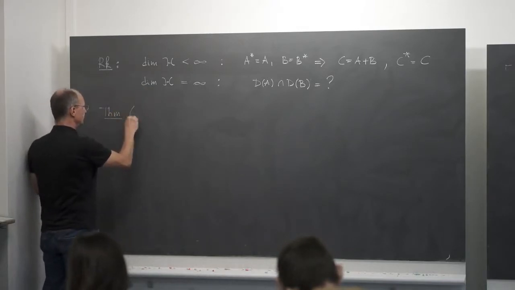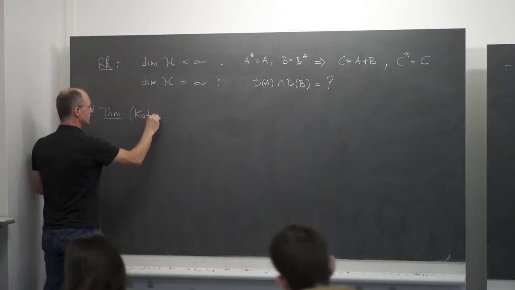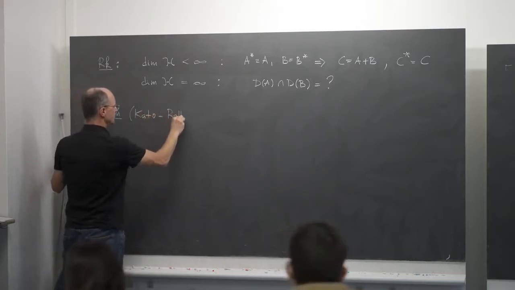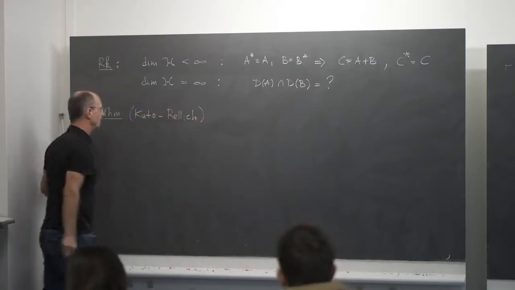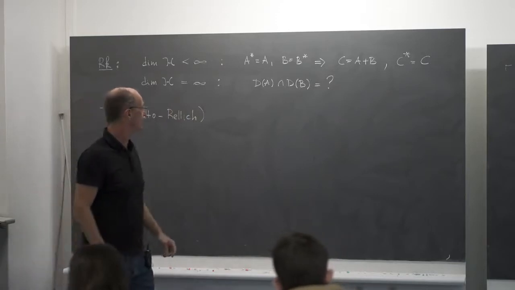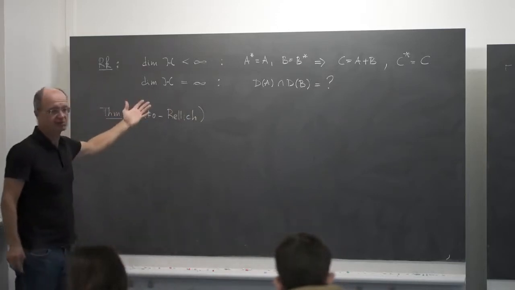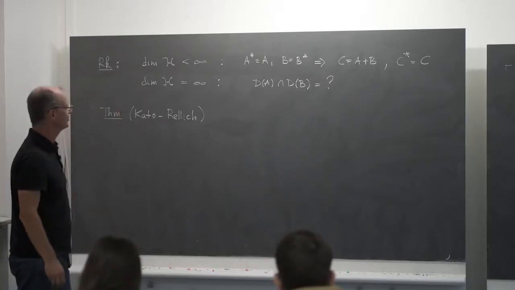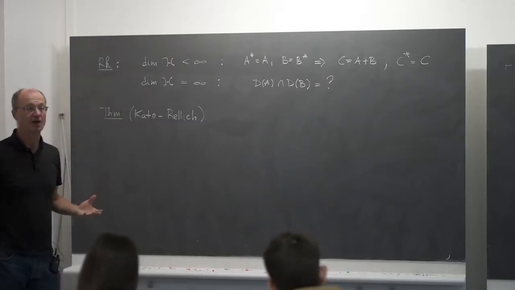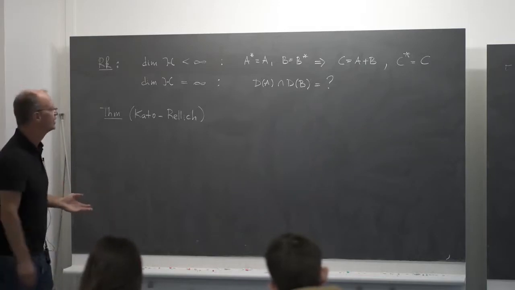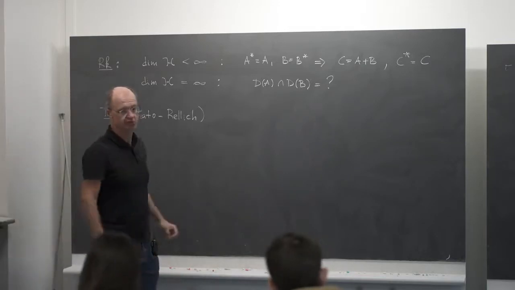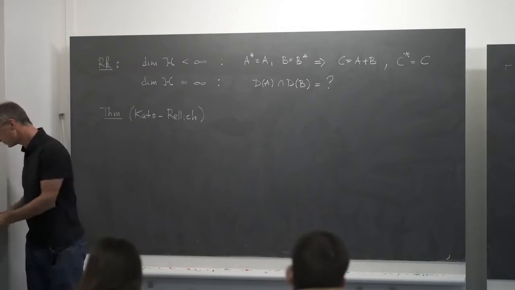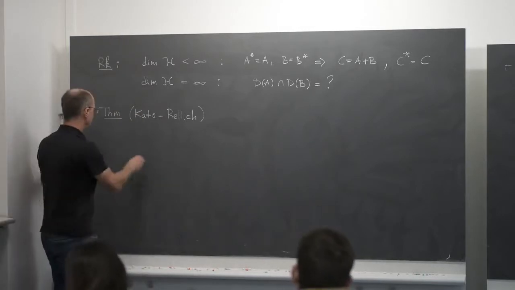But I will now show you a theorem. It goes under the name of Kato-Rellich. This theorem gives us one particularly useful situation when you can add two unbounded self-adjoint operators and obtain a new self-adjoint operator. So here is the setup.